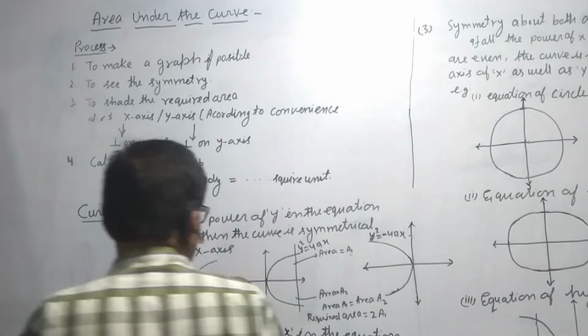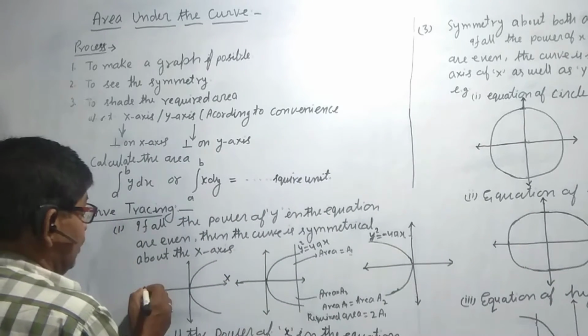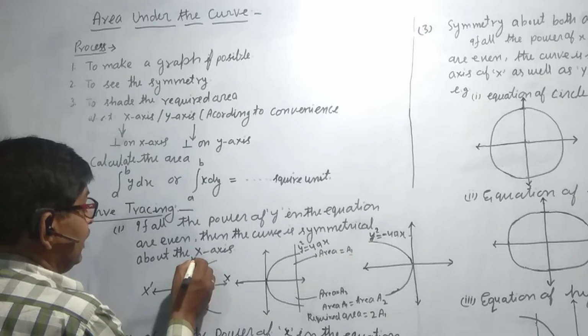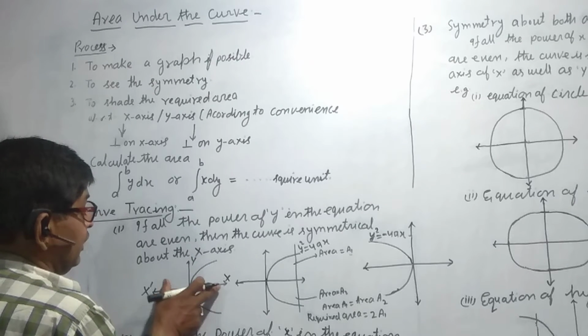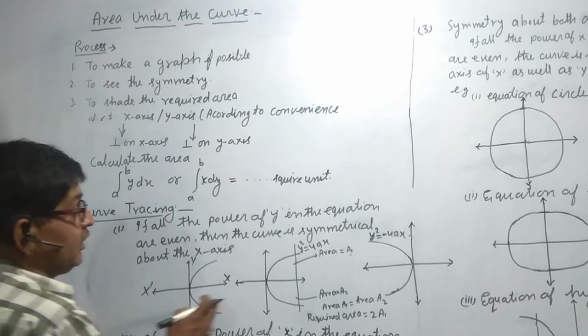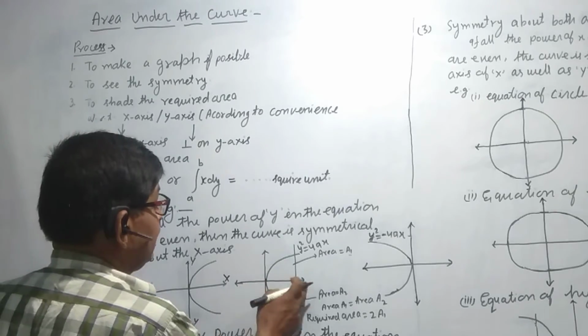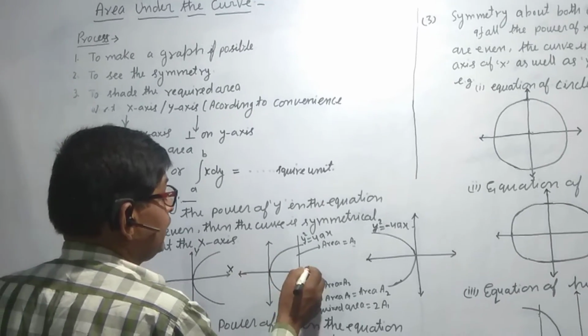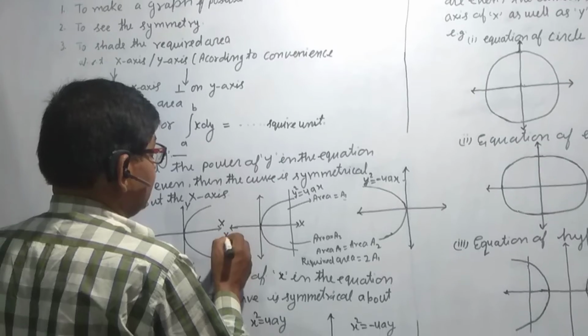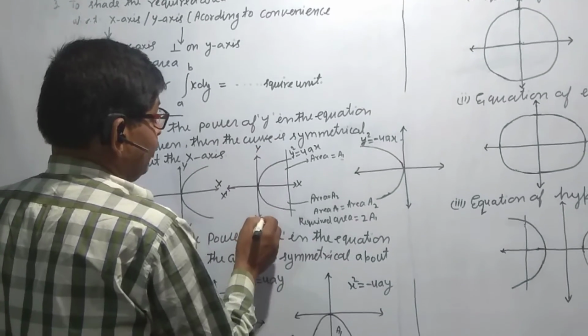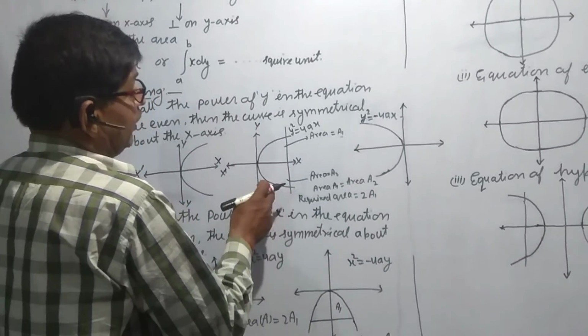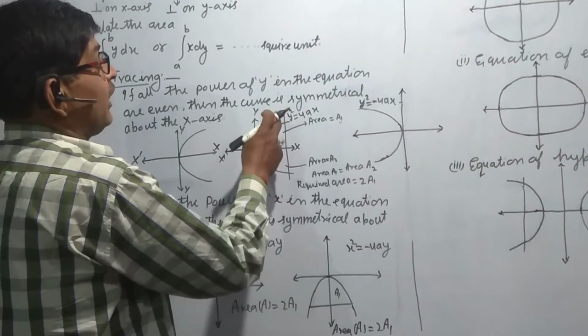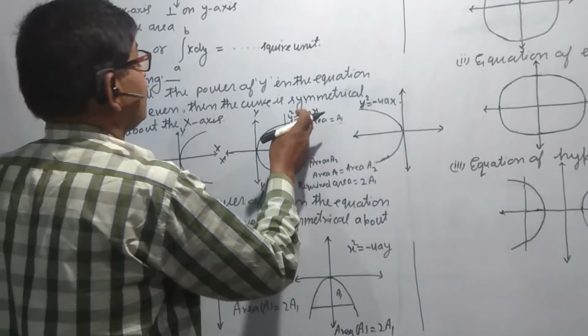Now this is the x-axis, x dash, y and y dash. This is the x-axis, this is the y-axis. And this is the curve y square is equal to 4ax.